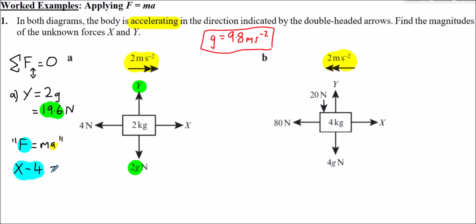And that's going to equal the mass of the object, which is 2, multiplied by its acceleration, which again is 2. So m here is 2 kilograms. If we simplify, we get that x minus 4 equals 2 times 2, which is obviously 4. So therefore, x must equal 8 newtons.